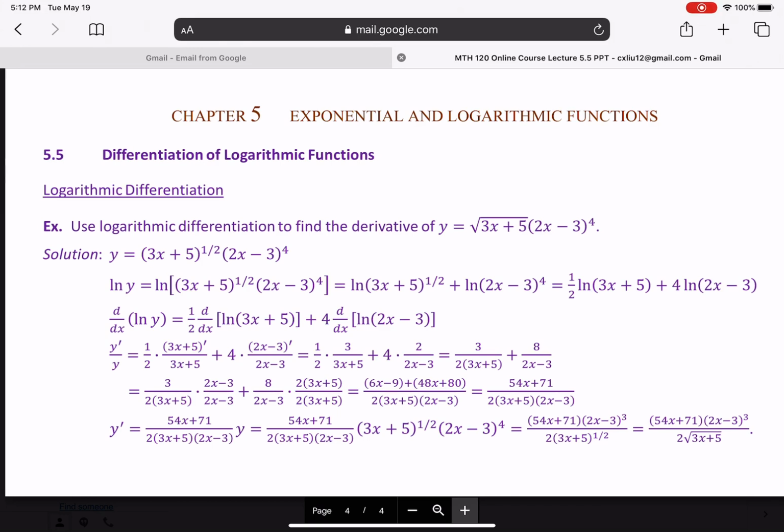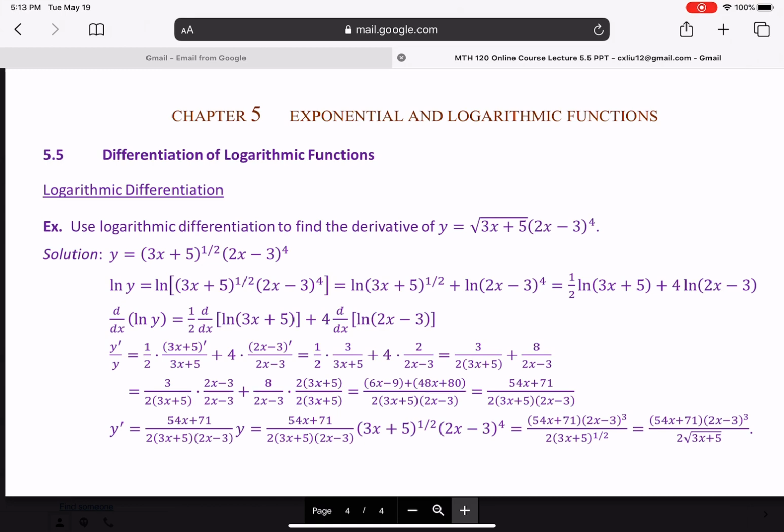So we get 1/2 times (3x plus 5) prime over (3x plus 5) plus 4 times (2x minus 3) prime over (2x minus 3). So that becomes 1/2 times 3 over (3x plus 5) plus 4 times 2 over (2x minus 3). Simplify it, we got 3 over 2 times (3x plus 5) plus 8 over (2x minus 3).